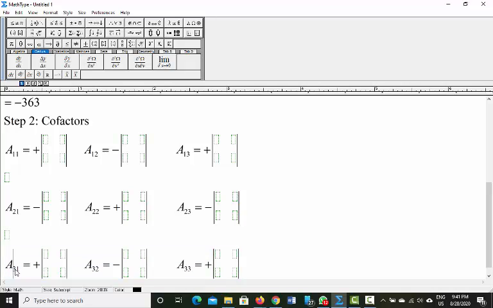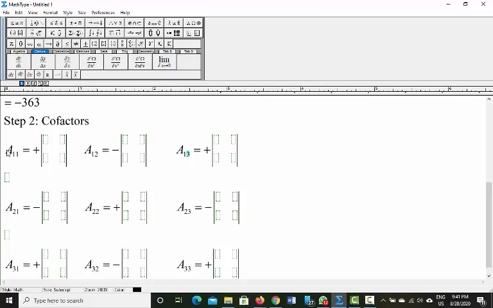So the first number indicates the row address, and since we are in the first column, this will be 1. Since this one is in the second column, this will be 2. Since this one is in the third column, this will be 3. Like that we need to name all the elements with their address.